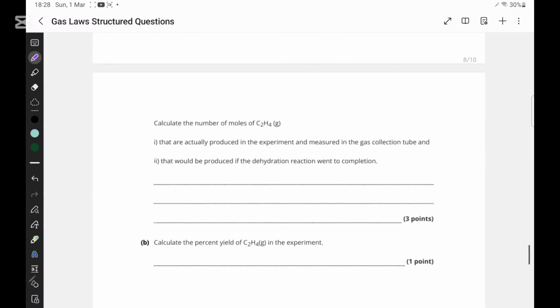So we have just found out the moles of C2H4.